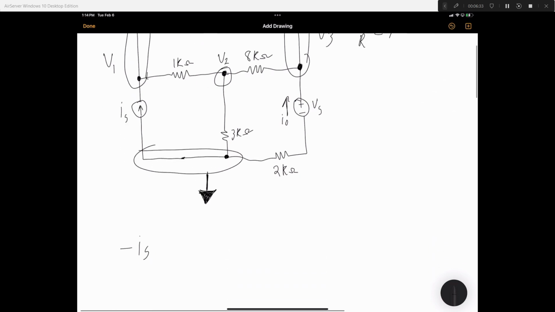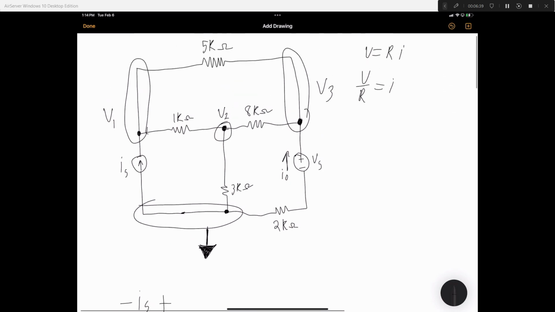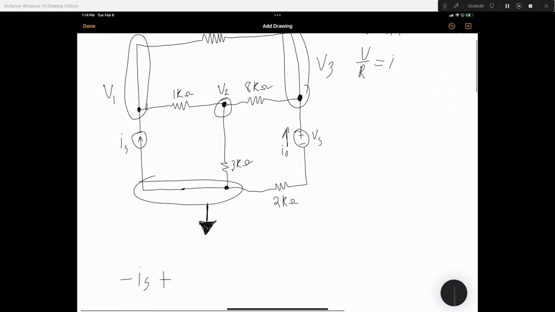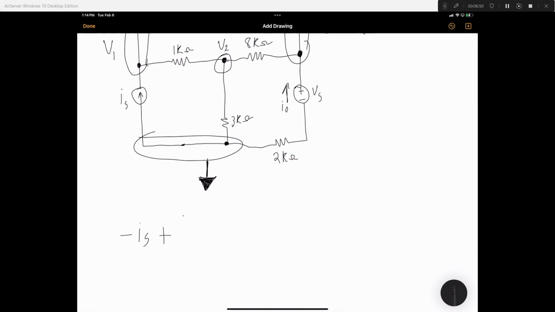For example, to do a KCL here, we don't have a current at this point, but we have the resistance and we have two voltages: V1 minus V2 divided by 1000, which is the resistance.